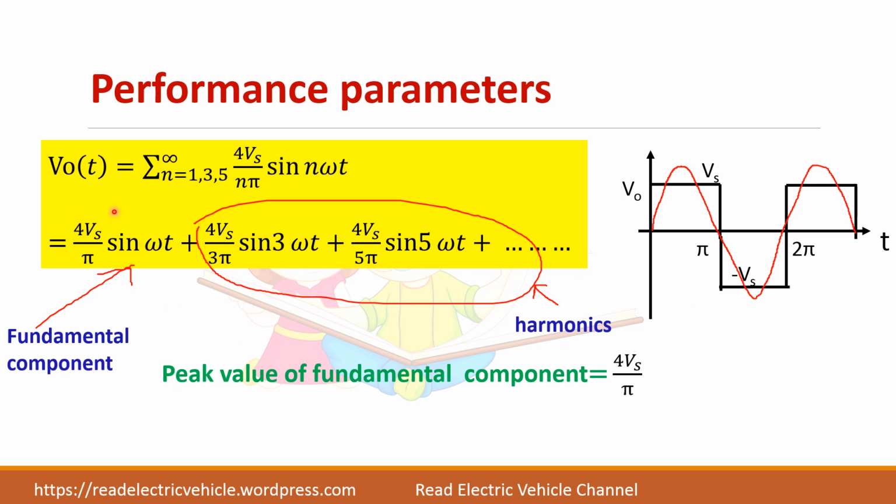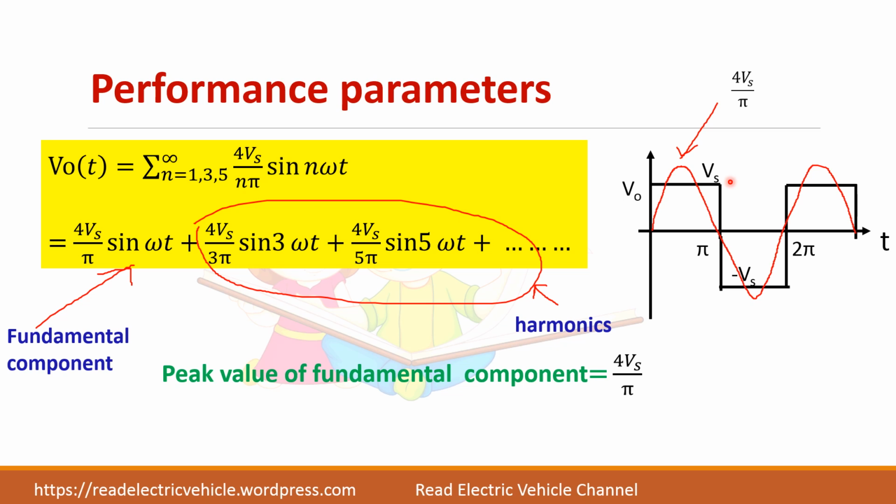So if you find the peak value of the fundamental component, this is of the type Vm sin omega t. So Vm, that is the peak value, is 4 Vs by pi. So this magnitude is 4 Vs by pi.